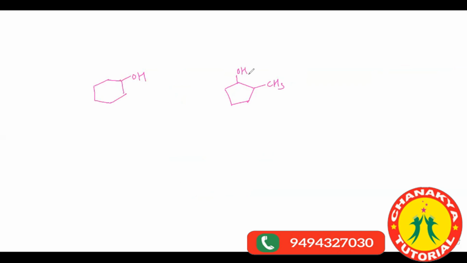Whenever cyclic alcohols are given to you, you have to find the number of carbons and see the parent hydrocarbon.